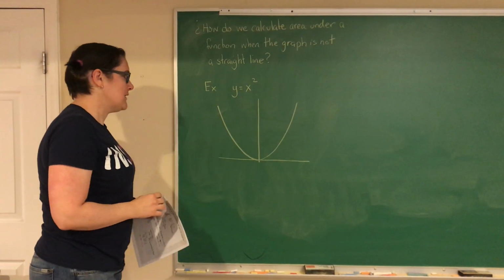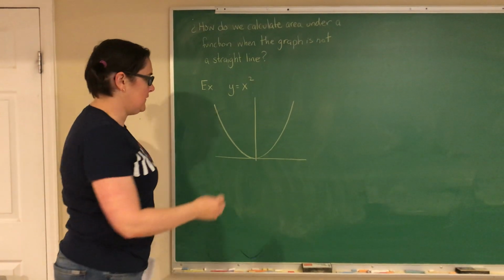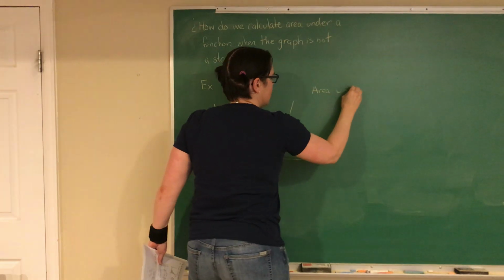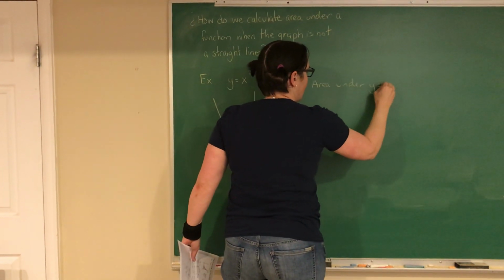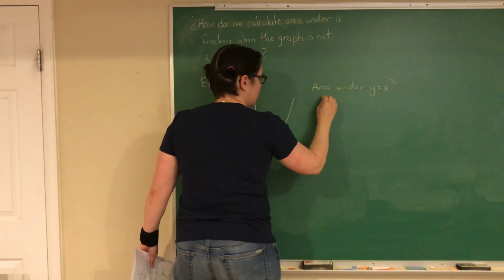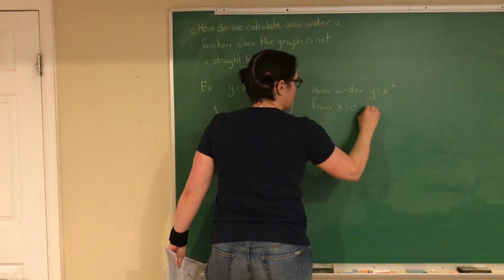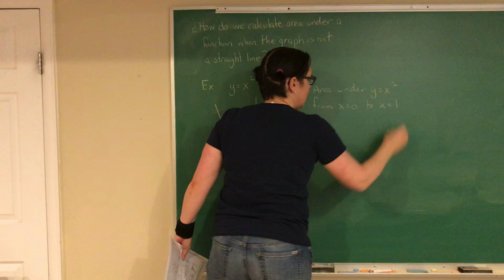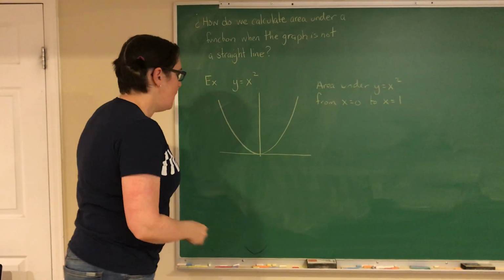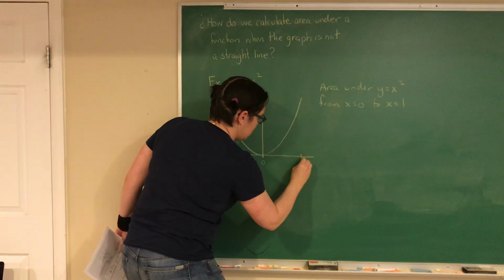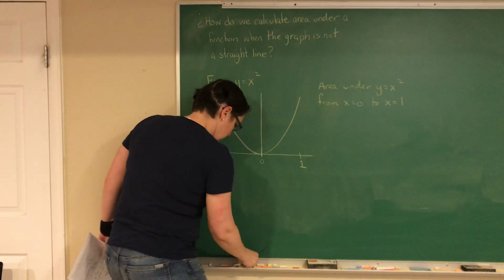Okay, so we have y equals x squared, and let's say that we're interested in finding the area under y equals x squared from x equals 0 to x equals 1. Okay, so in this picture, here is x equals 0, and maybe here is x equals 1.